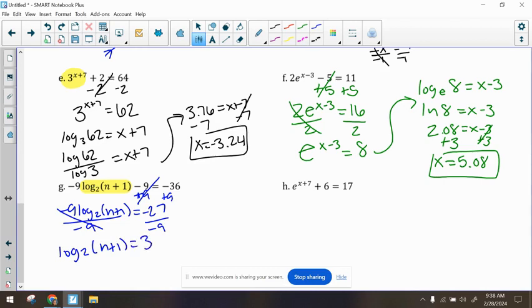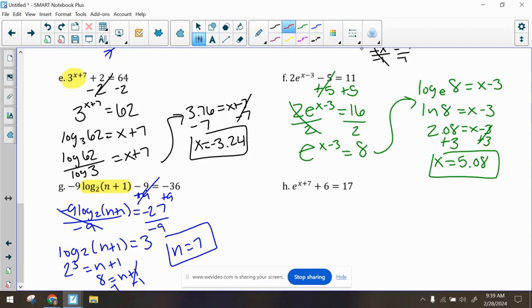Now note that I am absolutely not allowed to subtract that 1 that is inside the parentheses until I am able to convert it. So I'm going to convert this to exponential form, where 2 to the third equals n plus 1. I know 2 to the third is 8. I subtract 1, so that tells me n is 7. If I plug 7 back in, 7 plus 1 is a positive 8, so that log is good to go.